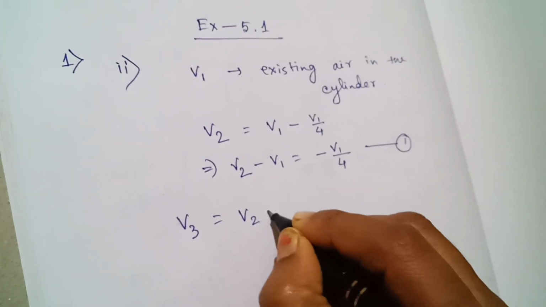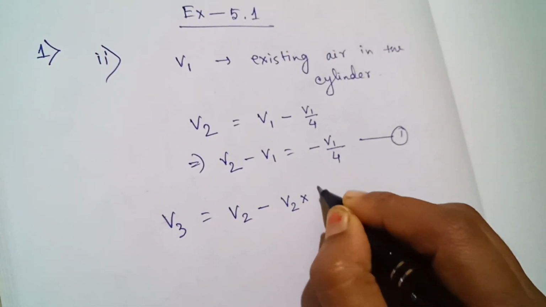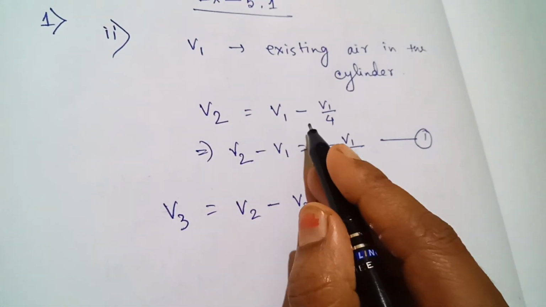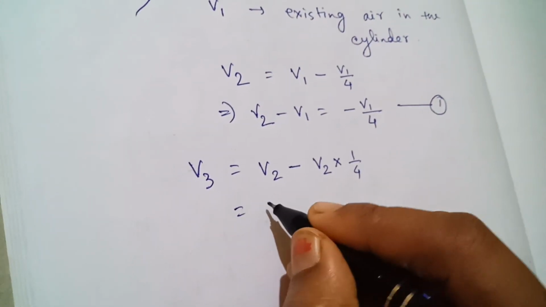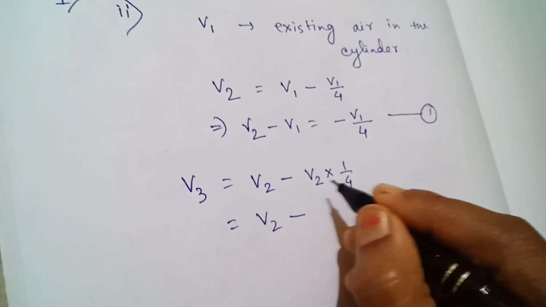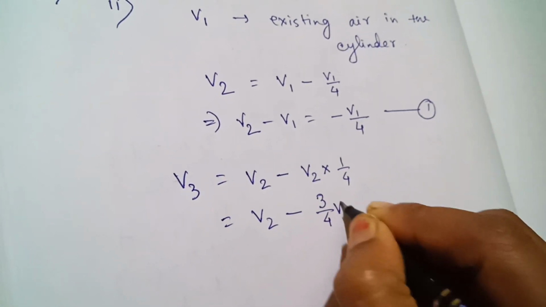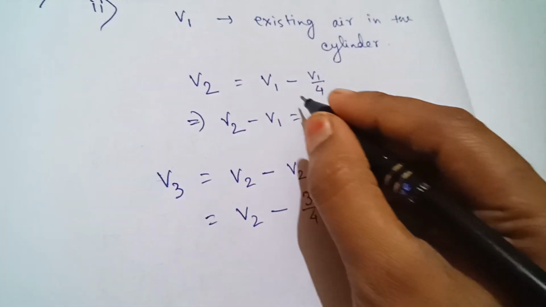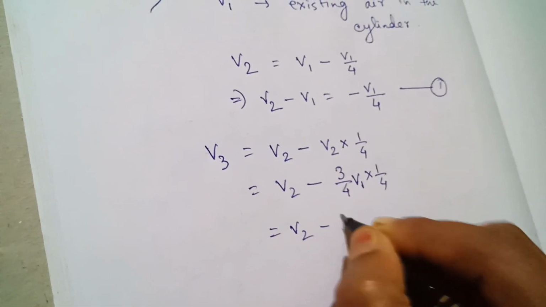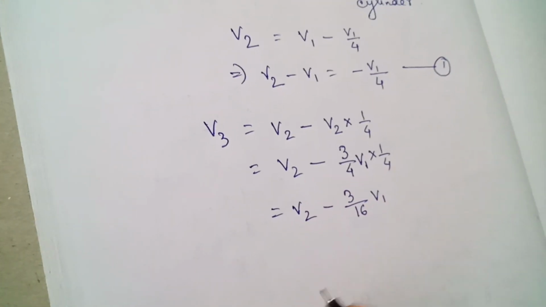V3 means V2 minus V2 into 1 by 4. V2 is 3 by 4 into V1, so it becomes V2 minus 3 by 16 V1.